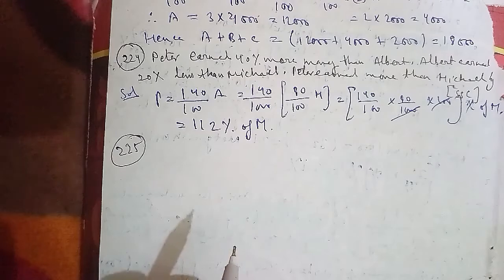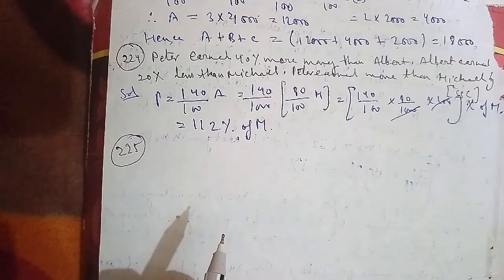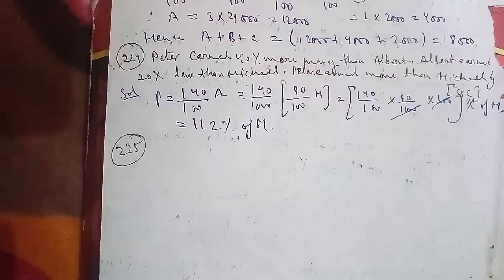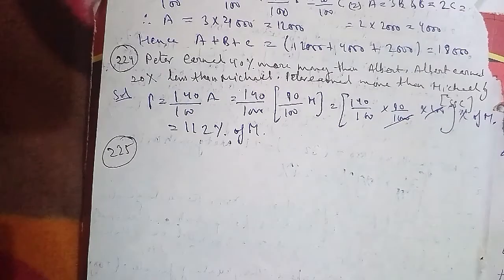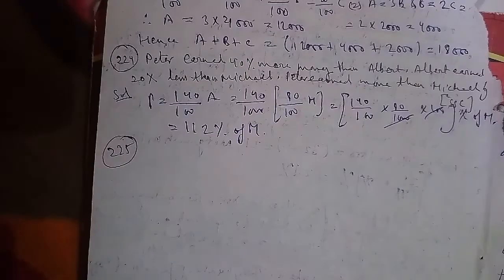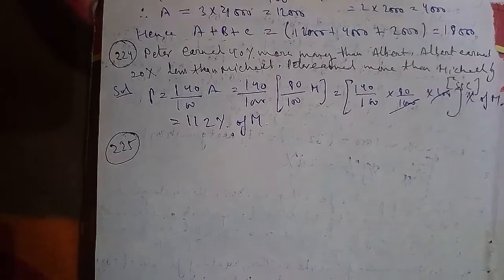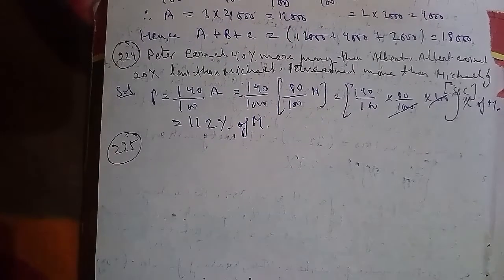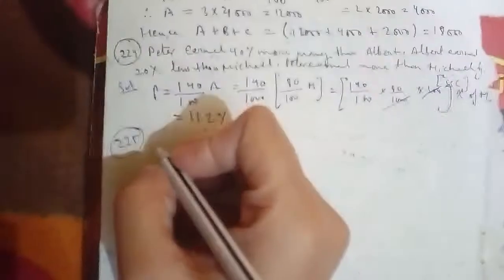That has been asked in bank PO question paper. The options are 12,000, 16,000 and 20,000, data inadequate, none of these. So here we go ahead.